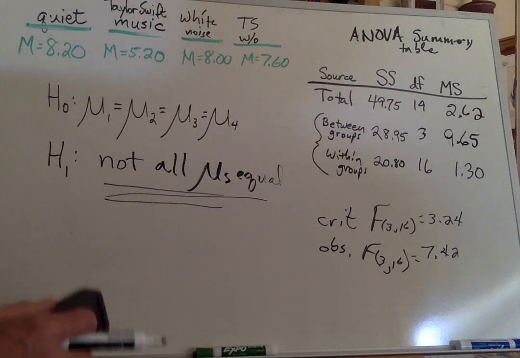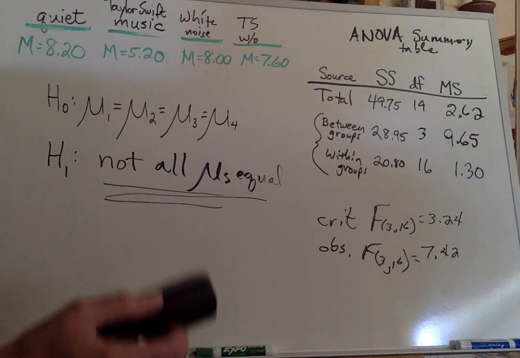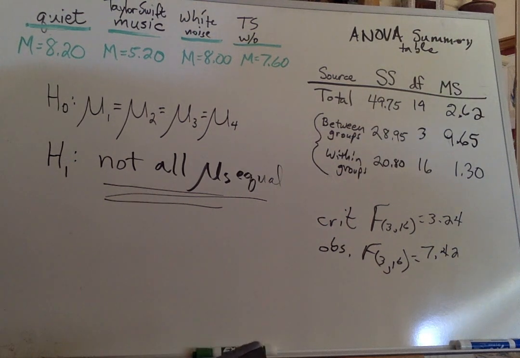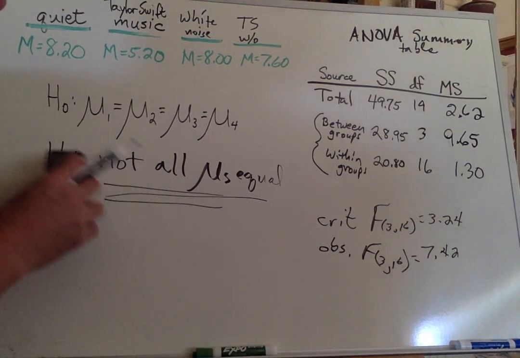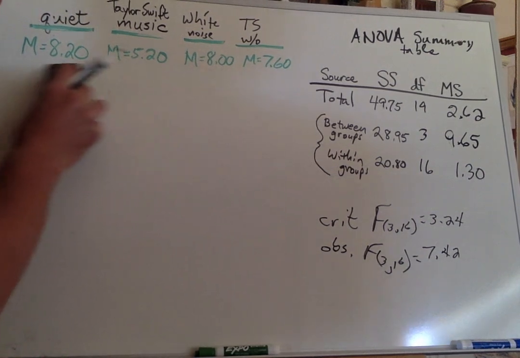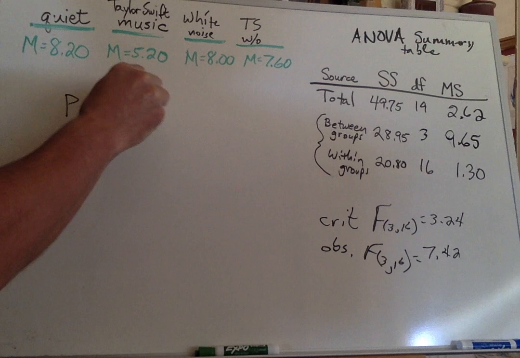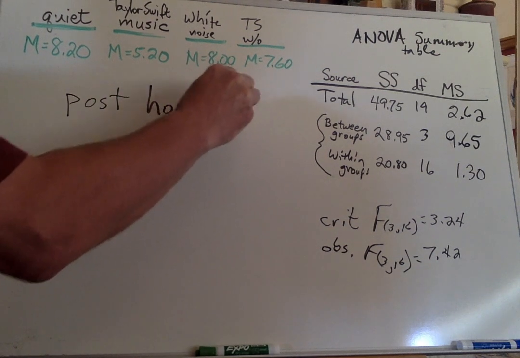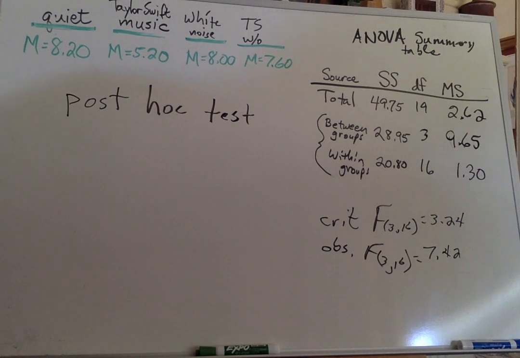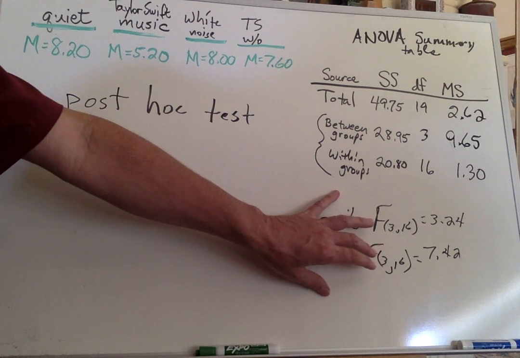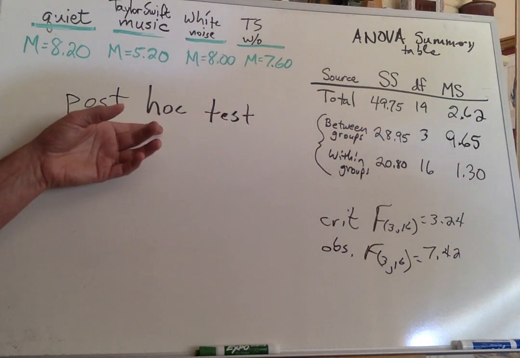But we're trying to decide which of the groups is equal to or not equal to another group. Okay? And so we're going to do what's called a Posthoc test. And that means after the fact, right? So after we do our analysis of variance, we're going to use a Posthoc test.